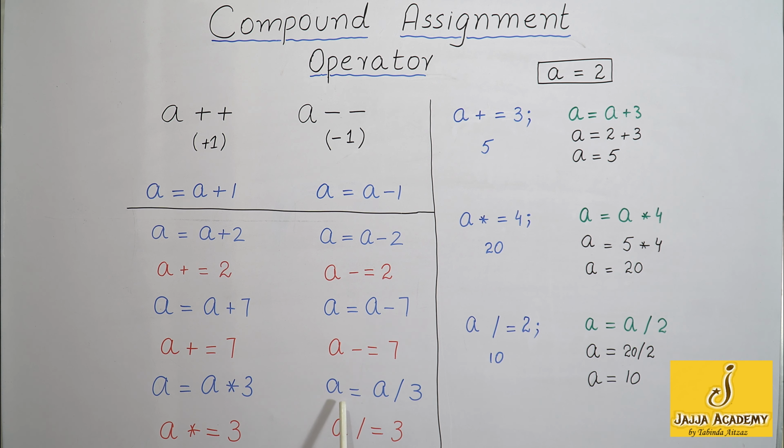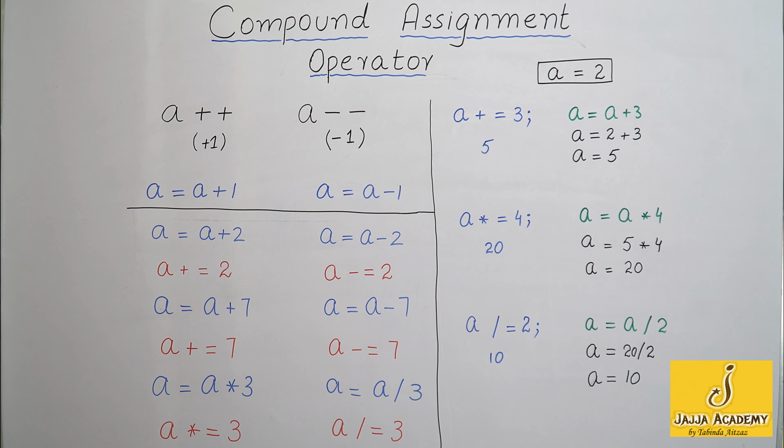This is another example. If I want to divide the value of variable A by 3, then by using the compound assignment operator, I can write A slash is equal to 3. This is the division operator.